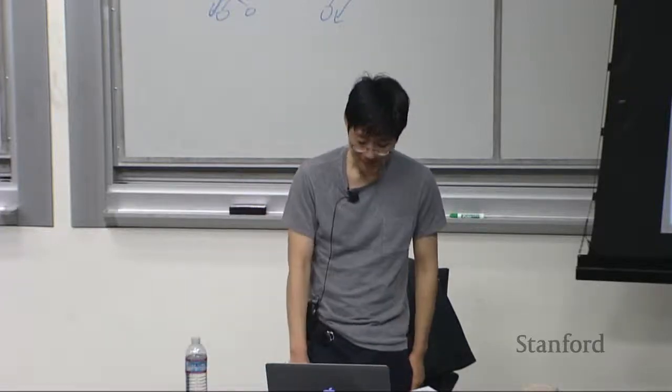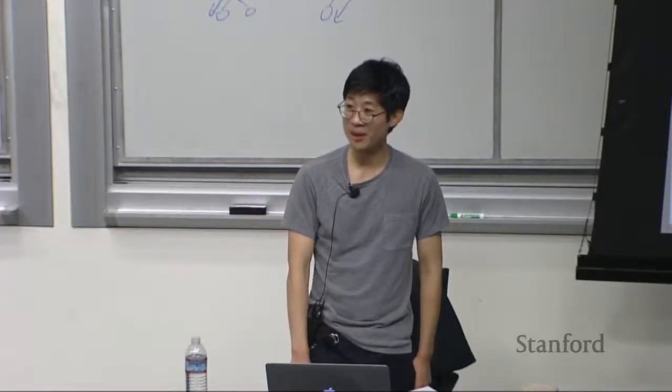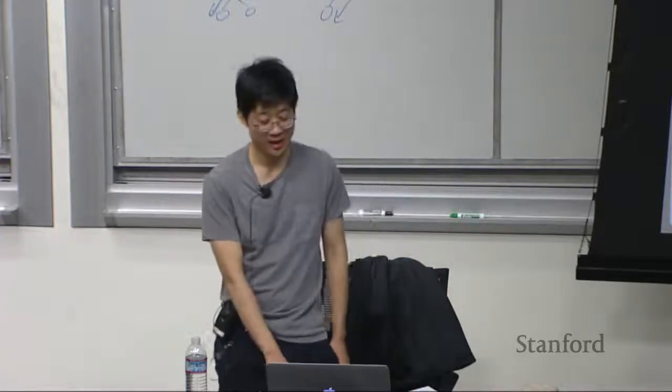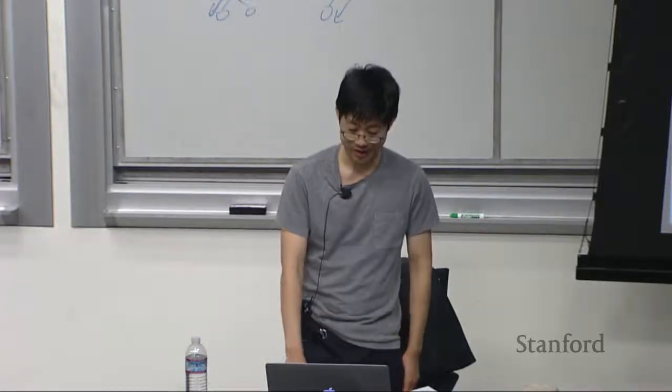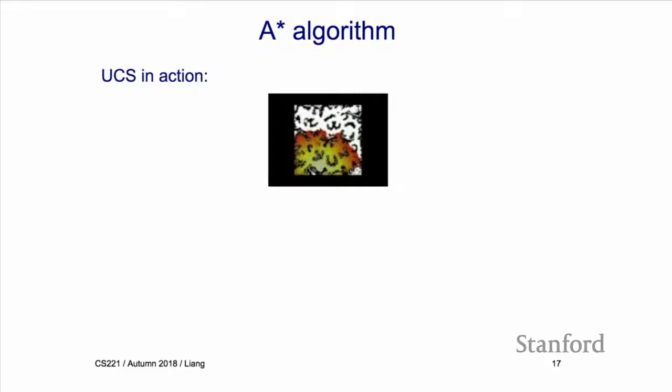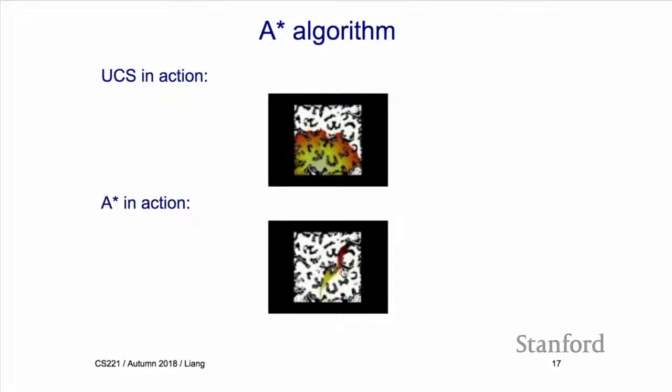Cool. All right, so now we're going to talk about A star search. The big idea with A star search is the following. Actually, before giving the big idea, let's see A star in action and see how it works. You remember that uniform cost search emanates uniformly out from the start state. A star search ends up looking more like this.